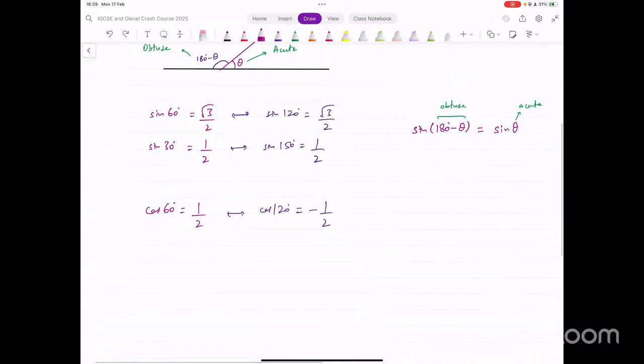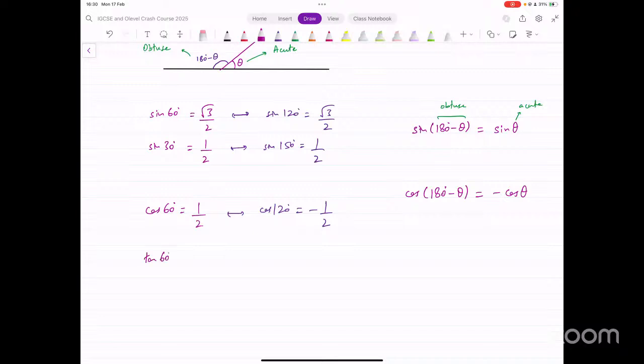We can say cos of 180 minus theta is the same thing as minus cos of theta. So if we have cos of an obtuse angle, it would be the negative of the cos of the acute angle. That's the only difference. If this is 1 over 2 for the obtuse angle, we just add a negative sign to that, and that's it.